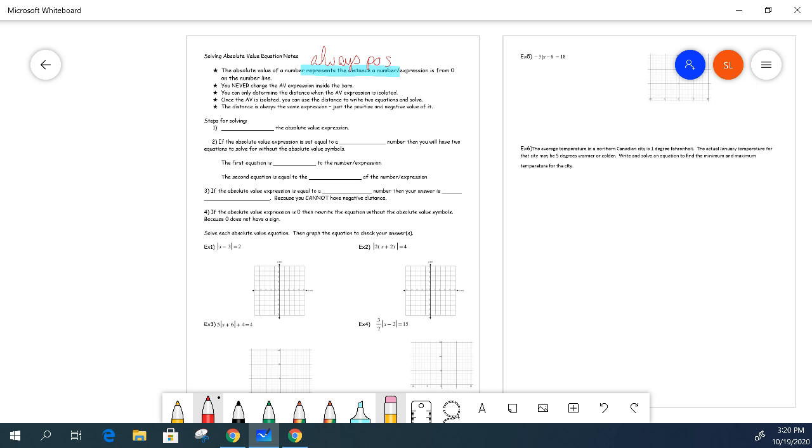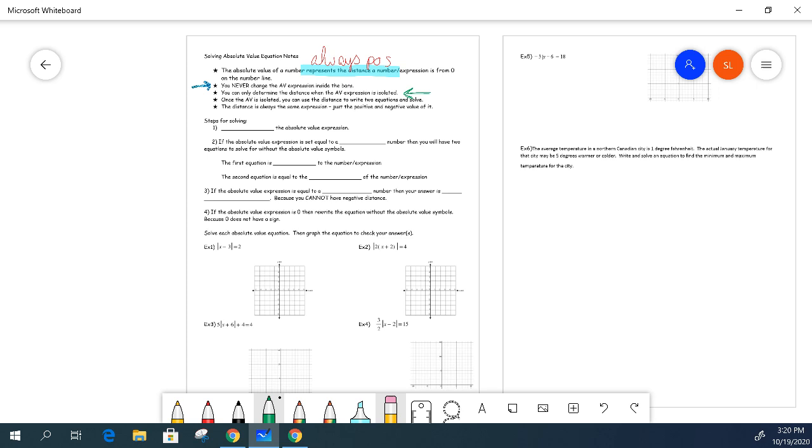Now, another couple of things to remember. You must never, ever, ever change the expression that is on the inside of the absolute value bars. Also, we can only solve the equation when the absolute value expression is isolated.